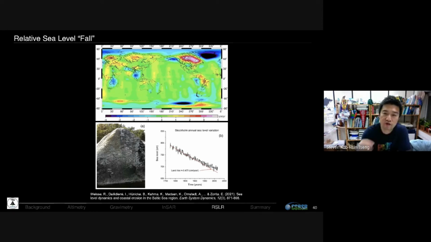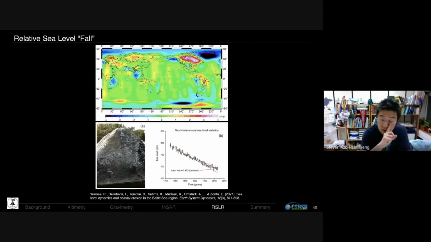For example, you can see this Hudson Bay, a very warm color in the GRACE gravity anomaly plot. To the right, North America is the Hudson Bay, and to the left, you can probably see some orange to reddish part. That's the north of the Baltic Sea.